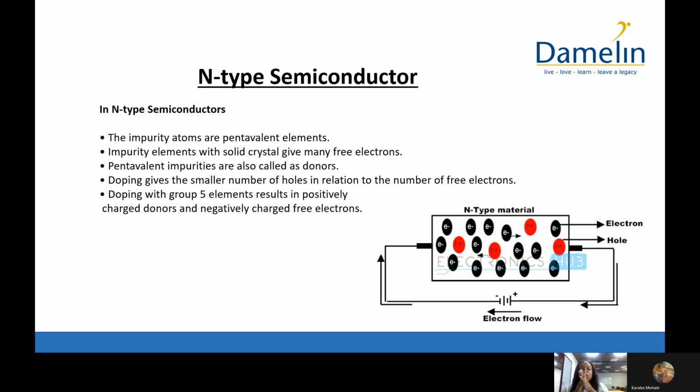So when we're doing impurities, we are making the whole atom, the whole element, stable, giving it more and more electrons so that they can pair up with the valence electrons in the element. So the pentavalent impurities are also known as donors, because they give electrons to the semiconductor, because they have more electrons than they need.